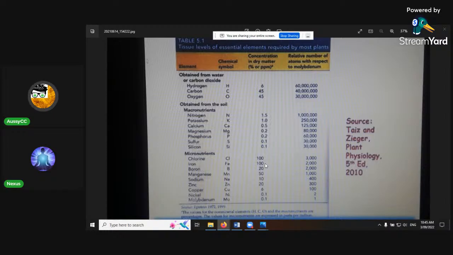Then it goes to your micros, and this is so low that they measure it in ppm. So it's 1, and then it goes chlorine, iron, right down to molybdenum, which is 0.1. So it's 1 ppm in a million. That's how little you need, and that's so important, because if you haven't got that in your soil, like we haven't in Australia, we have a very big shortage of it. We have problems, so that's where you'll go and add molybdate.